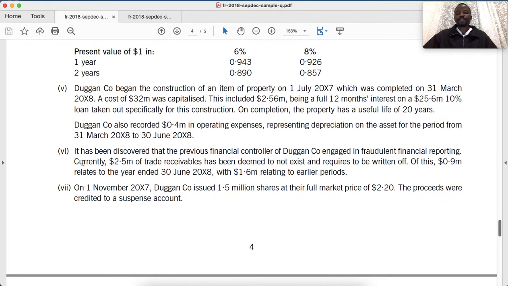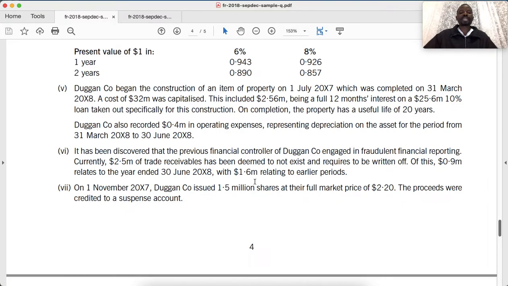Note number 6. It has been discovered that the previous financial controller of DICO engaged in fraudulent financial reporting. Currently, 2.5 million of trade receivables have been deemed not to exist and require to be written off. Of this, 0.9 million relates to the current year, with 1.6 million relating to the earlier period.